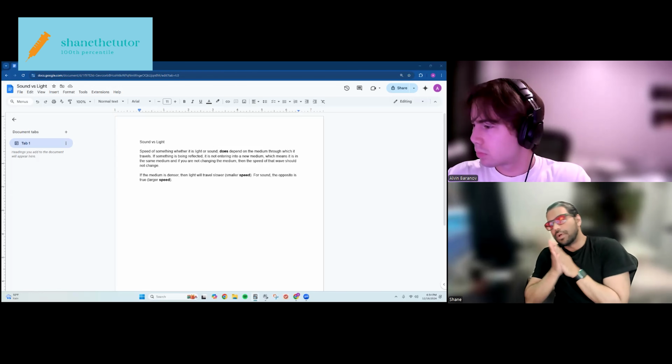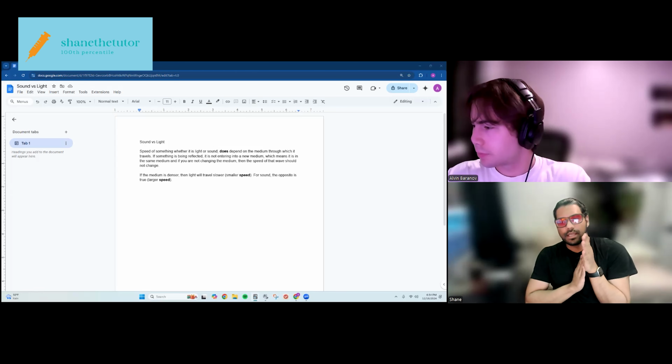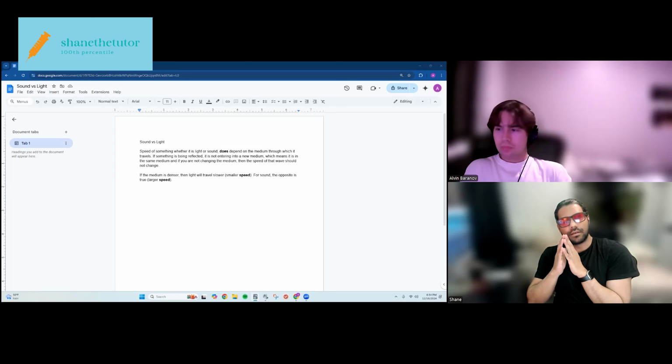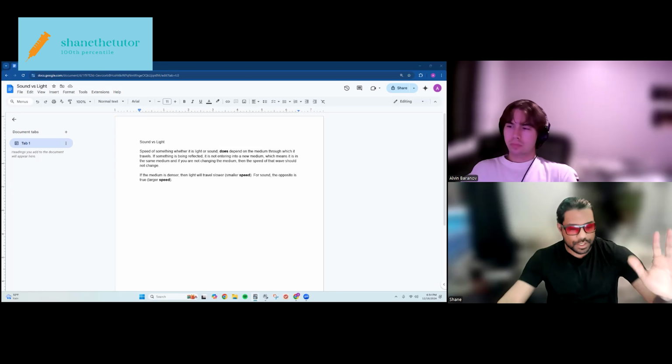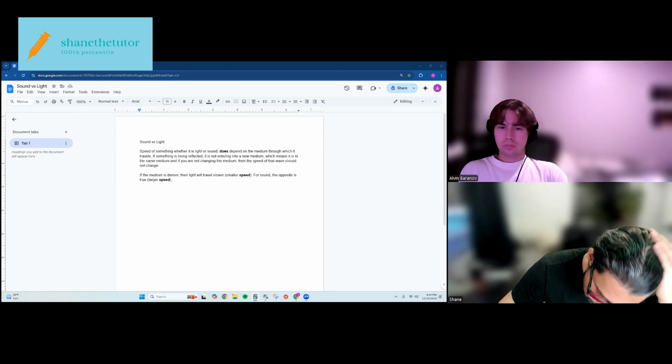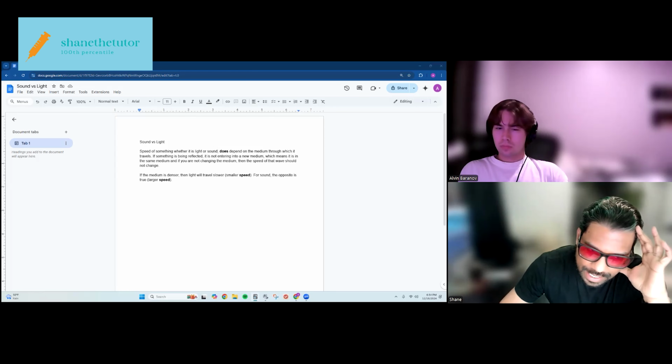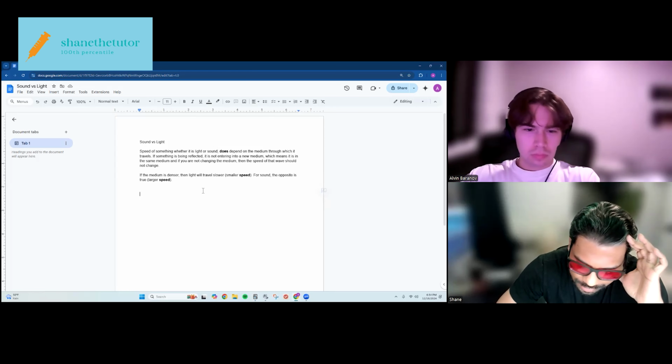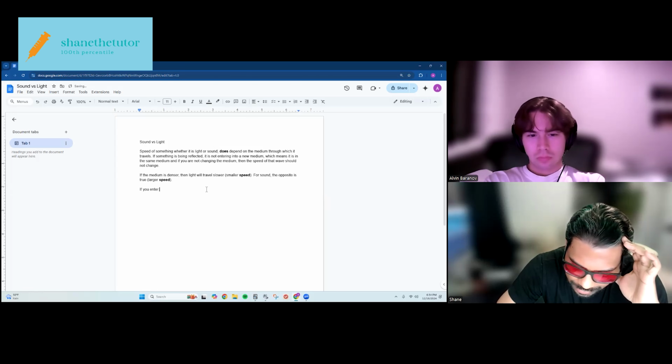Okay, so I think it would actually be, if you're entering into a new medium, the frequency doesn't change. Now, no, I'm thinking about it a little bit more. V is equal to frequency times lambda.